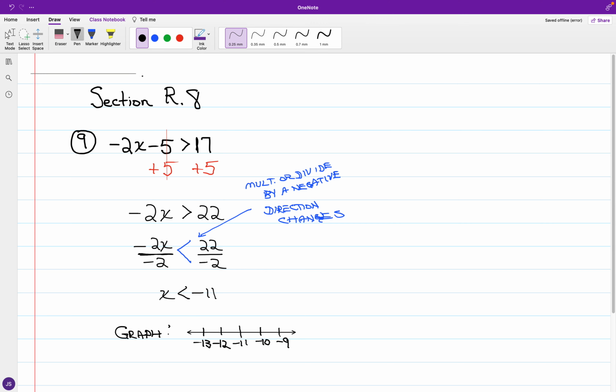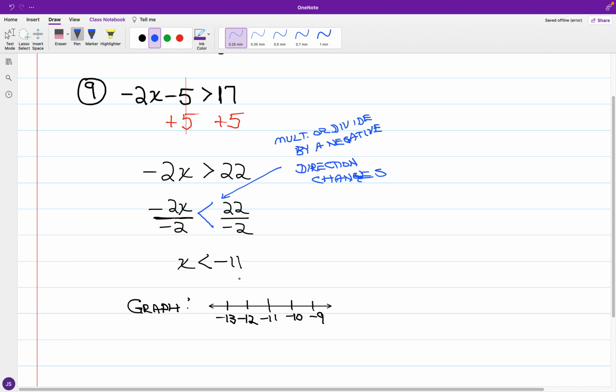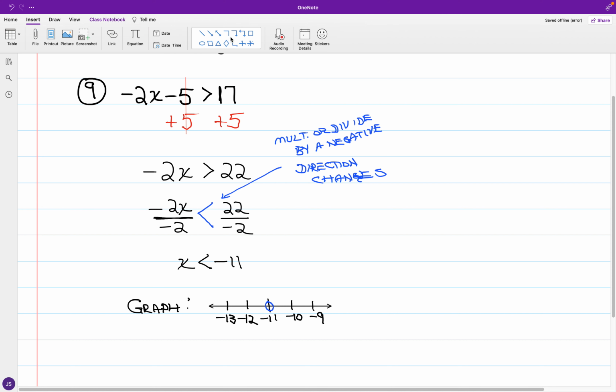Looking at the graph, you have x is less than negative 11. With no equal sign, negative 11 is not going to be part of the solution set, and you can symbolize this in the graph by applying a circle.